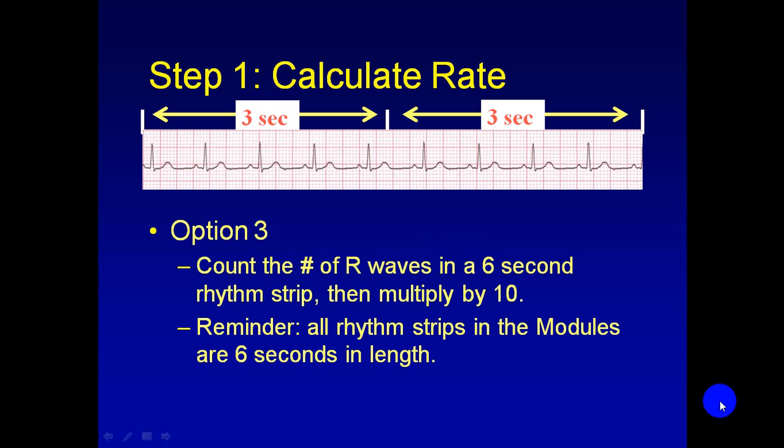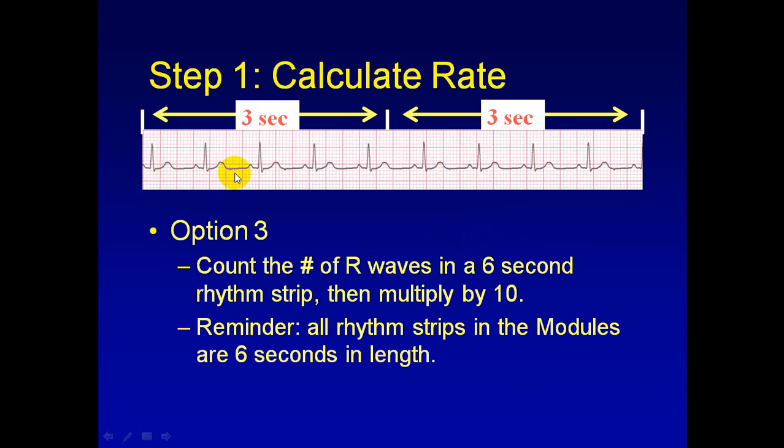Count the number of RR waves in 6 seconds times 10, or in 3 seconds times 20. In an irregular rhythm we usually take a 3-second strip and count. In a regular rhythm we can use it too, but for rapid clinical use, use the first method with large boxes.